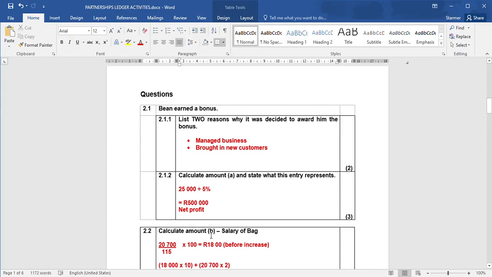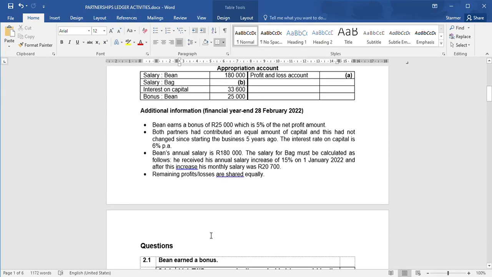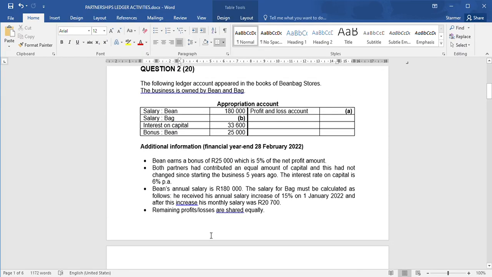221,400. Right, the next question asks you to calculate the amount of capital each partner had contributed. So you're going to need to use the information here. They say both partners have contributed an equal amount of capital and not changed at all. The interest rate on capital is 6% per annum.